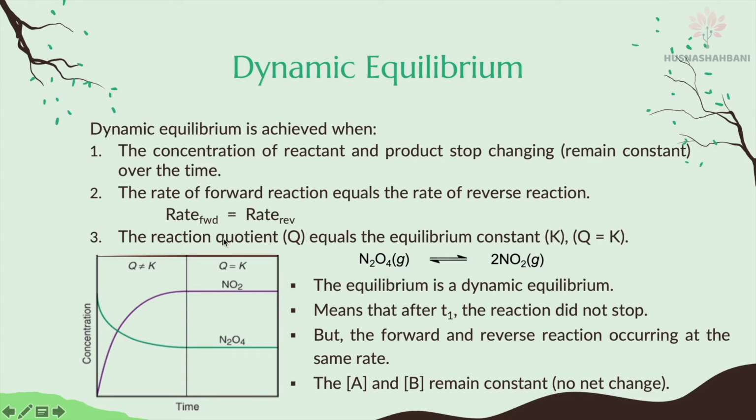Third, the reaction quotient Q equals the equilibrium constant, meaning the value of Q is equal to the value of K. So these three conditions have to be met to say that dynamic equilibrium is achieved.